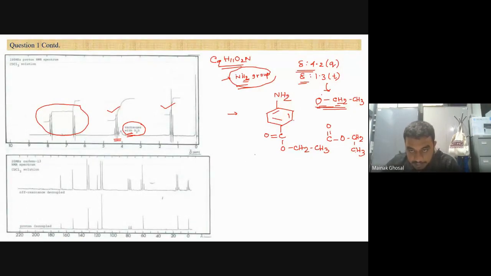So here the compound is written over here. How many different carbons are present in this molecule?